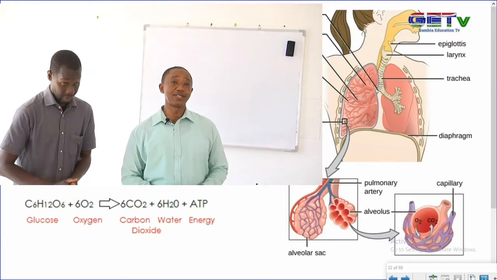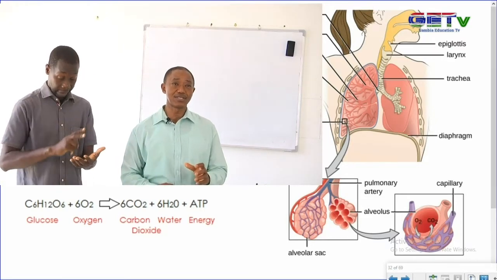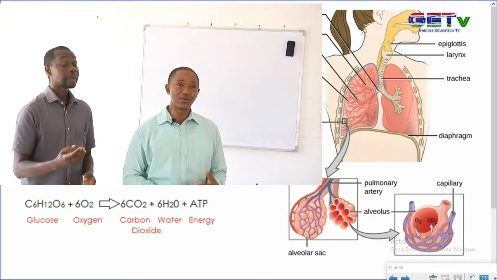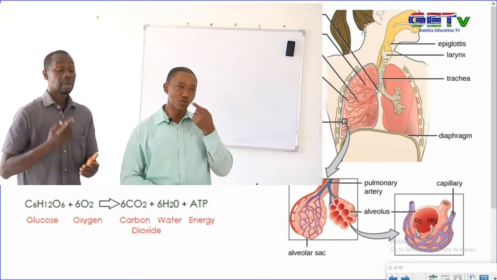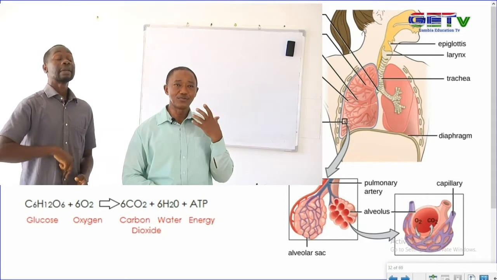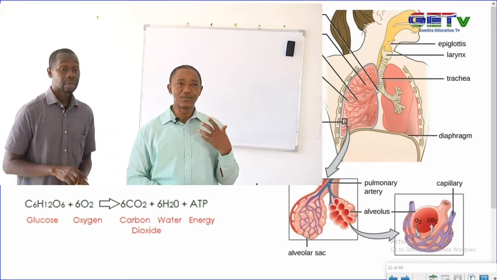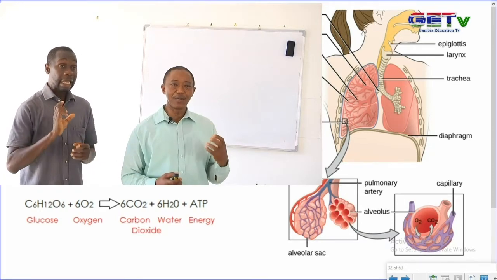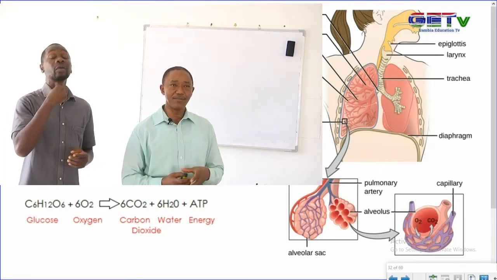And again, we take another glance at the respiratory system. So how do we get air into our body? The air passes through the nostril, and then the next place it will be reaching will be the pharynx. That is where the tube from the mouth and the tube from the nose meet.